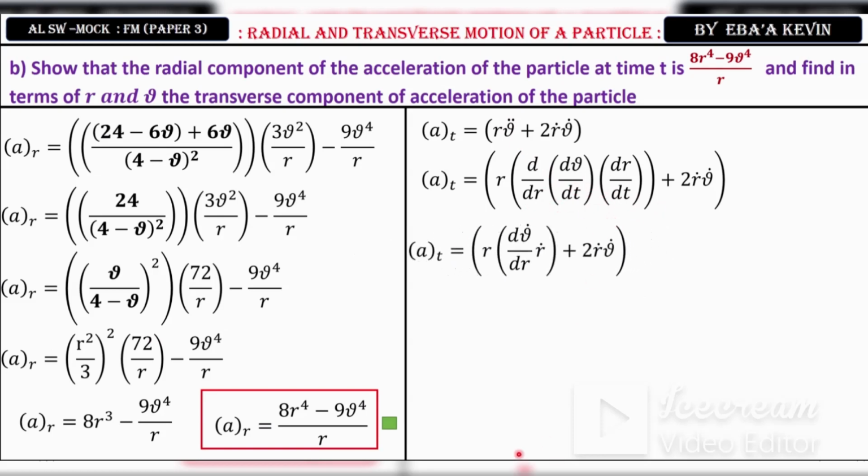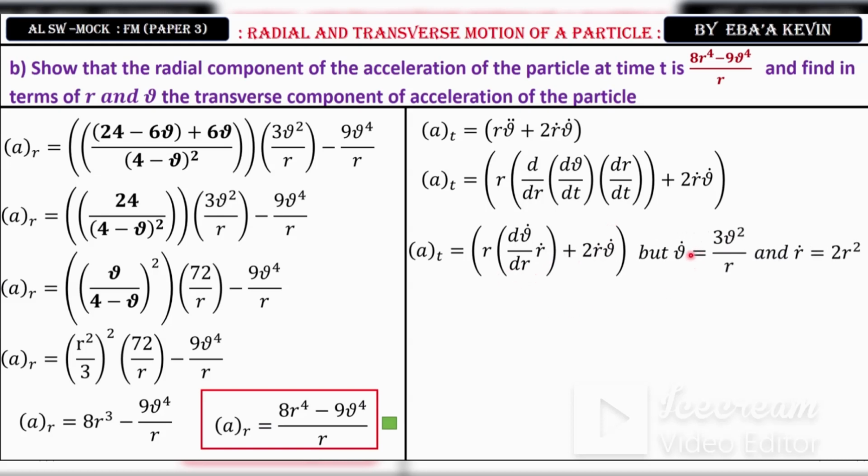We can therefore further write the transverse component of acceleration to be equal to r times d θ dot over dr, times dr/dt, which is r dot, plus 2 r dot θ dot.